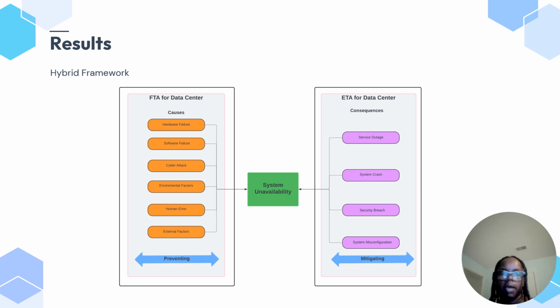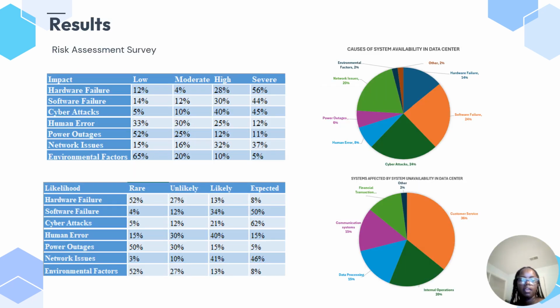Here we have the results of the risk assessment survey and data collected from the SAP ticketing system. The systems that were highly affected was the customer service, while the major causes of system unavailability were software failure, cyber attacks, and network issues.